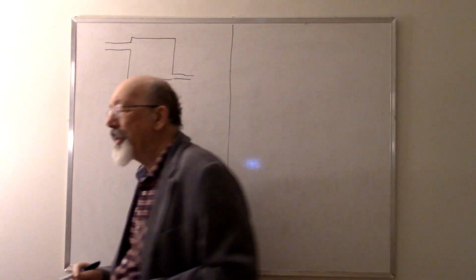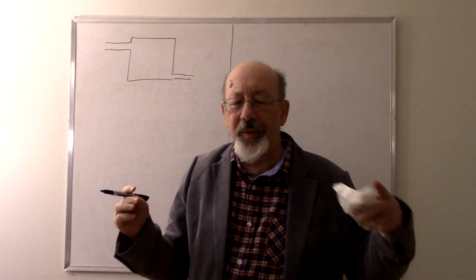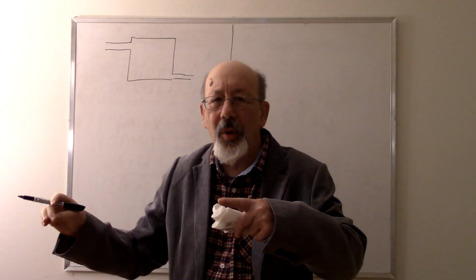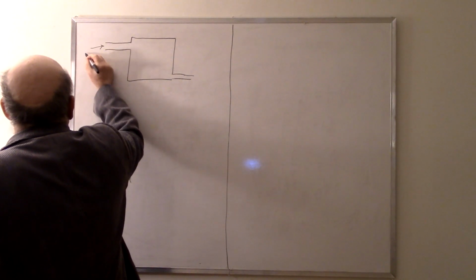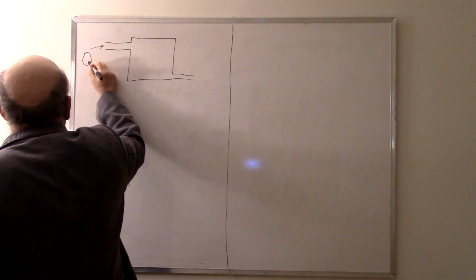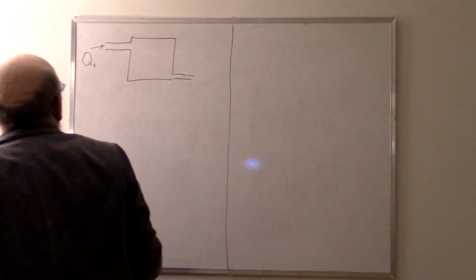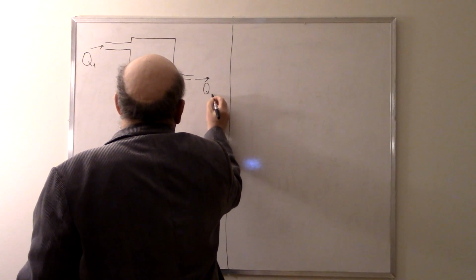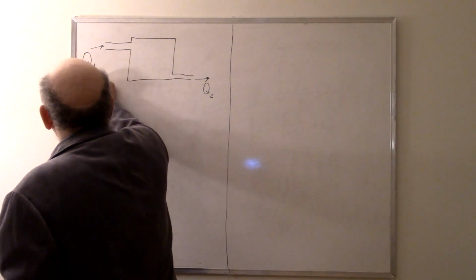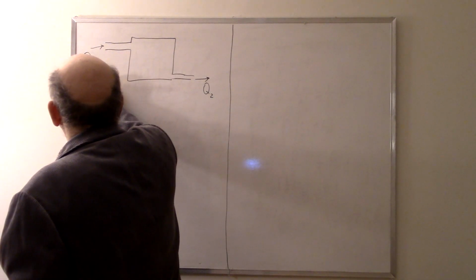But this time the rate of inflow and outflow may be different. So here enters the solution with the rate Q1, and here exits solution with the rate Q2. Concentration here was C1.